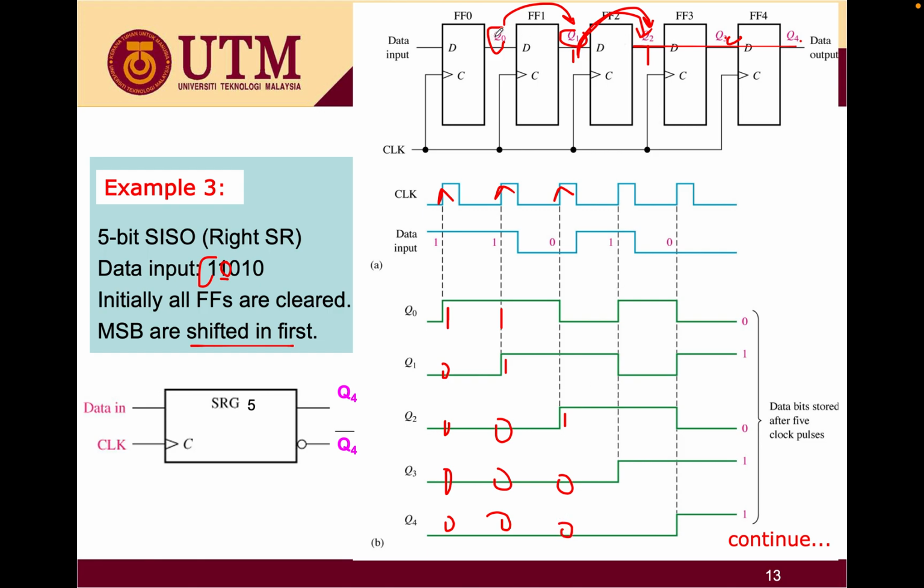And the 1 from your Q0 will be shifted to your Q1. So that's why Q1 will be 1 also. And what is the value now for your third one? It is a 0 there for your Q0. Okay, after that you have clock 4. What is happening?